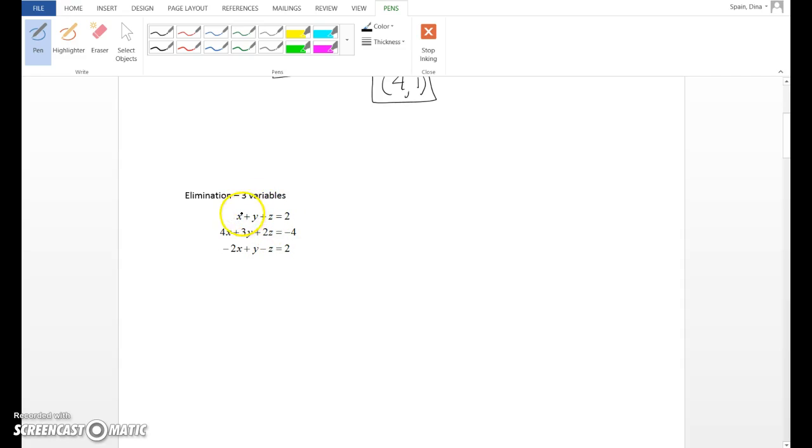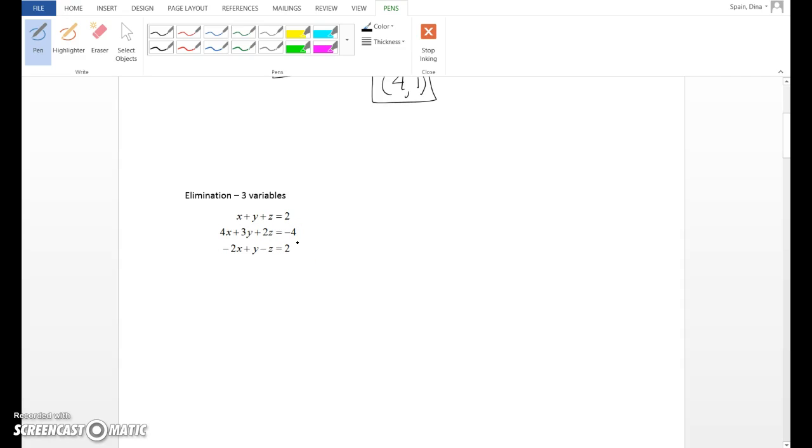And what you do with the 3 equations, you see I have 3 of them here, and I have x's, y's, and z's. So what I'm looking for is an ordered triple instead of just an ordered pair. It's an ordered triple, an x, y, and a z that satisfies all 3 of those.